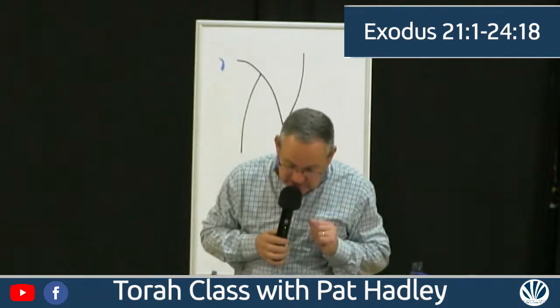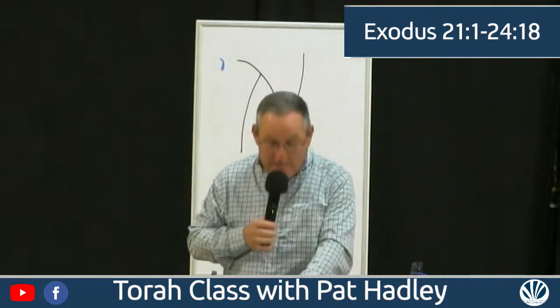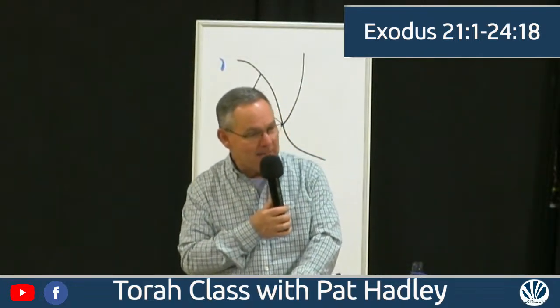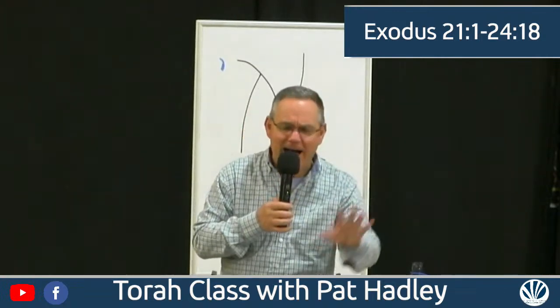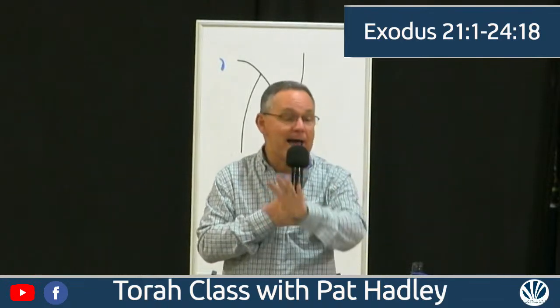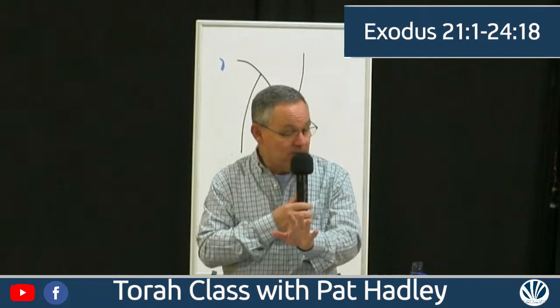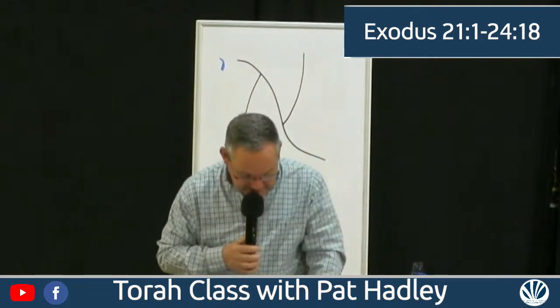Now something else very interesting is that there was a Babylonian law book that originated around the time of Torah. Maybe you've heard of it. Hammurabi's Code is the name of it.